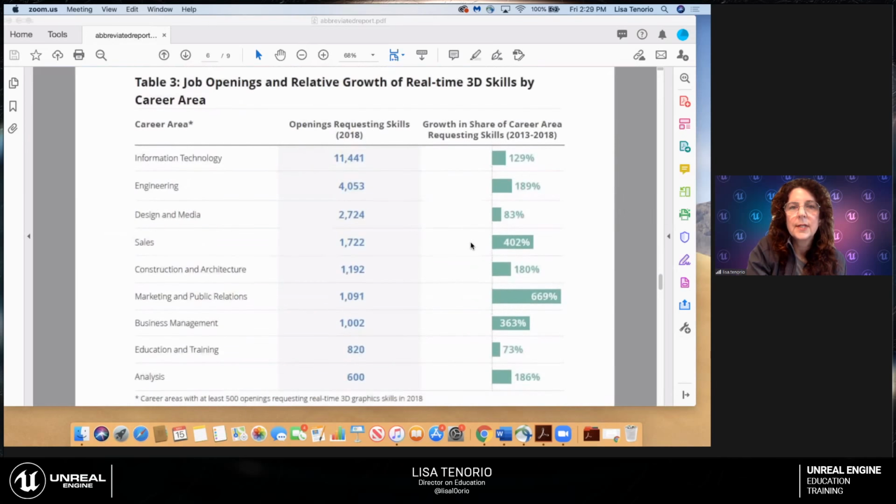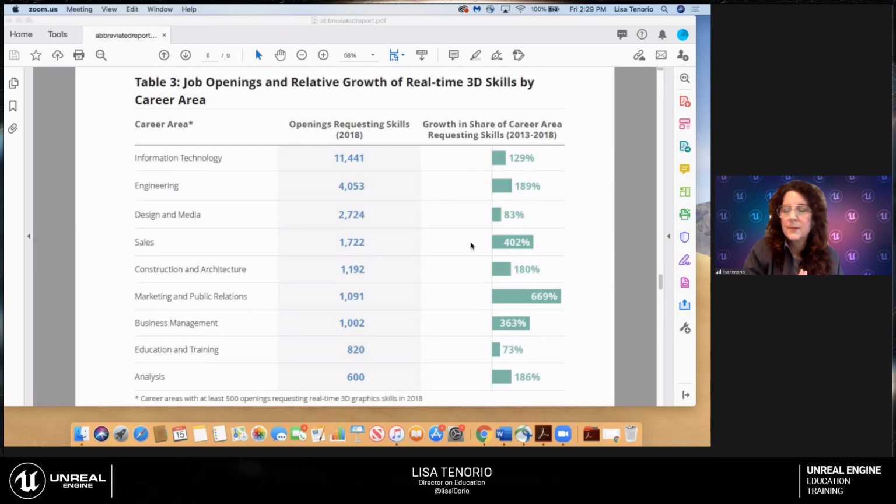But what I think is interesting in the report is really diving into where these jobs are. So there's a lot of jobs. Where are they showing up specifically and what kinds of jobs are they? This table in the findings breaks down the career areas where we see a lot of growth. And there are the usual suspects here. You would expect to see a lot of jobs in IT and engineering, developer jobs, obviously.